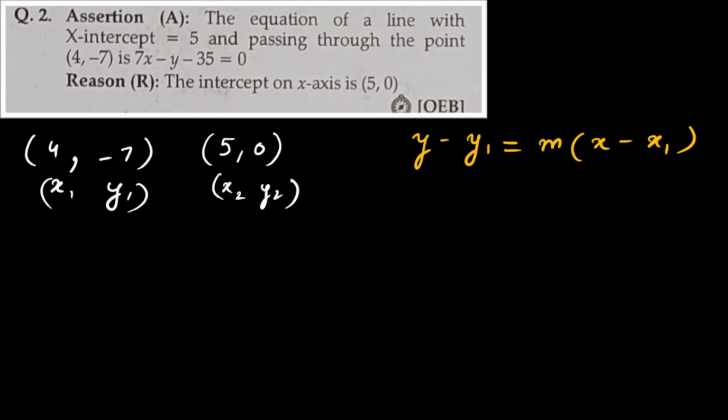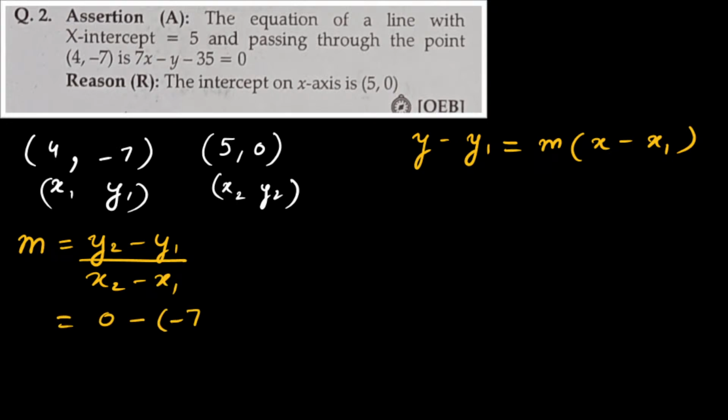Using the slope formula, Shreyasi has found the slope as well, minus 7 she has found. Let us check. We write slope with a small m. Its formula is y2 minus y1 by x2 minus x1. So y2 is 0 minus y1 which is minus 7, by 5 minus 4.